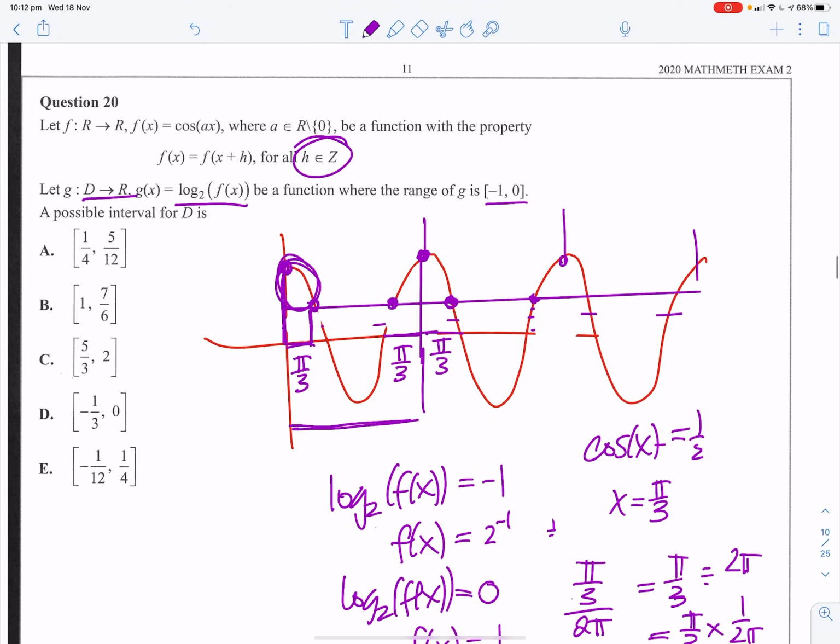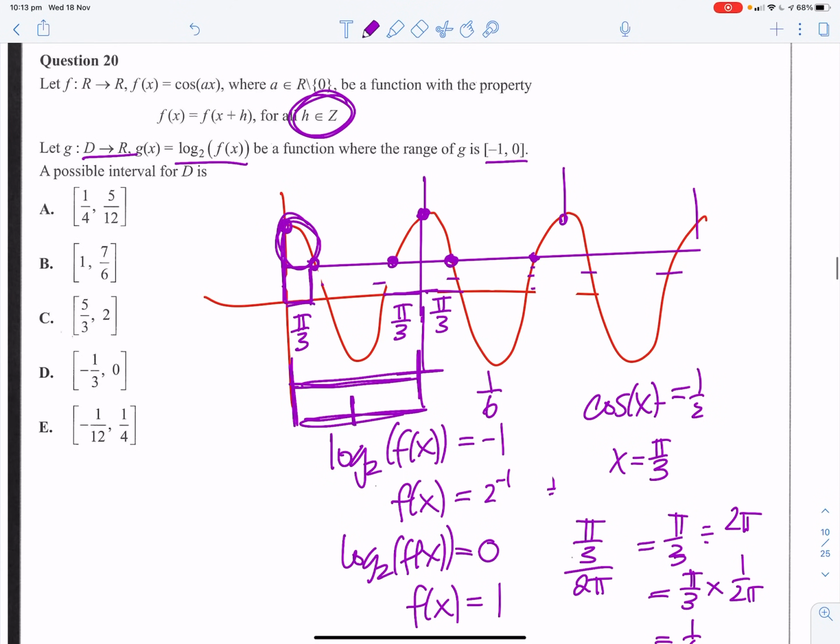And if they're integer values, the smallest integer that we could have would be the period is 1. So if the period was 1, it would be 1/6, because it could be that section there, that section there, that section there.